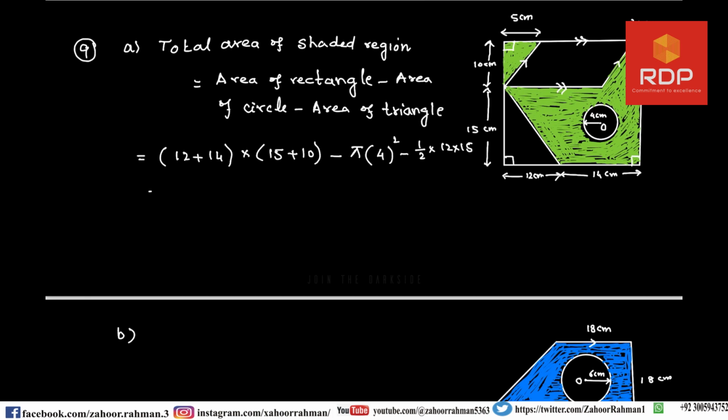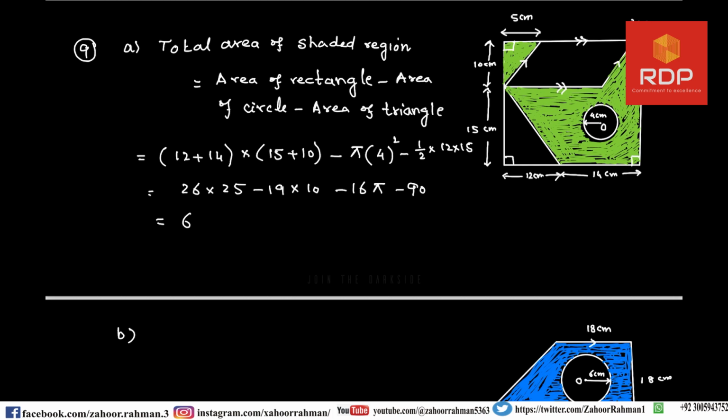So after necessary calculation we will find that this is 26 multiplied by 25 minus 19 into 10 minus 16 pi and minus 90.